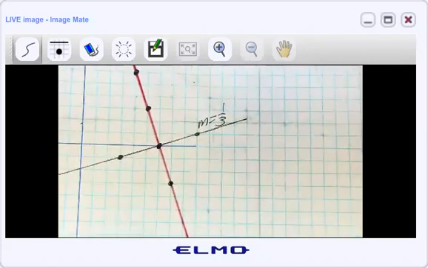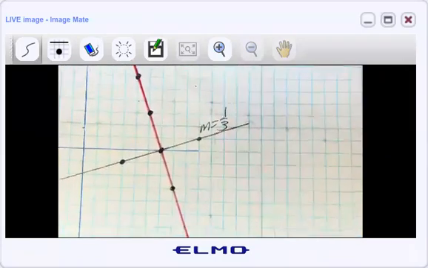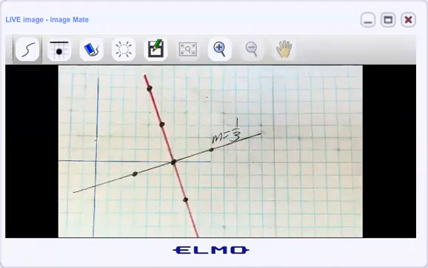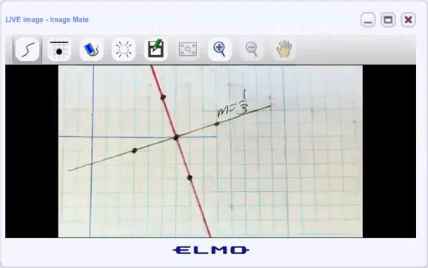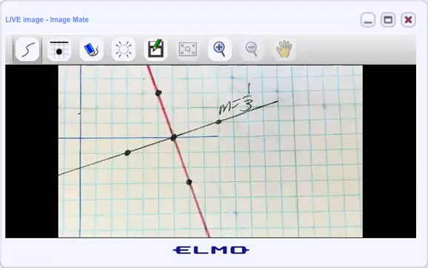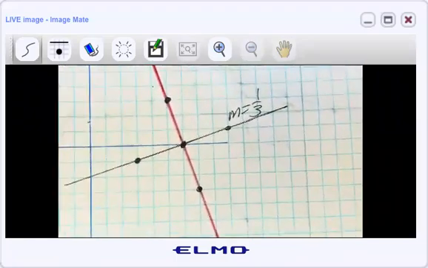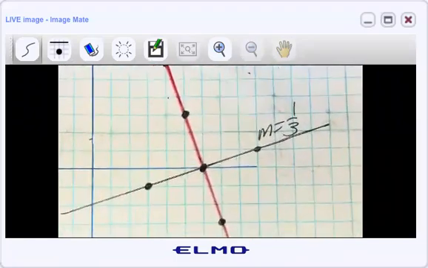Here we go. So let's take a look now. I have a line that I know is perpendicular because I used a nice 90-degree angle to create it. And so this reddish line, can anybody tell me the slope of this reddish line here? What's the slope of that one? Can you see it well enough? Maybe I'll zoom in a little bit more.